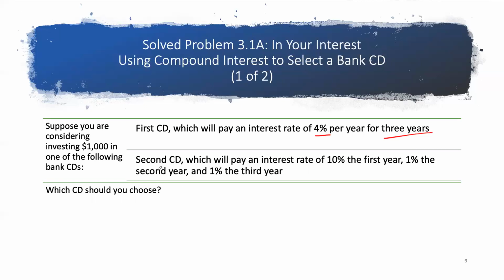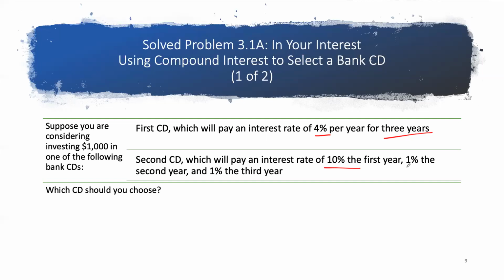Okay. The second CD has a more interesting payout structure, where it'll pay an interest rate of 10% for the first year. So there's a big intro bonus, right? Relative to the first CD, you would earn 10% rather than 4% in the first year.